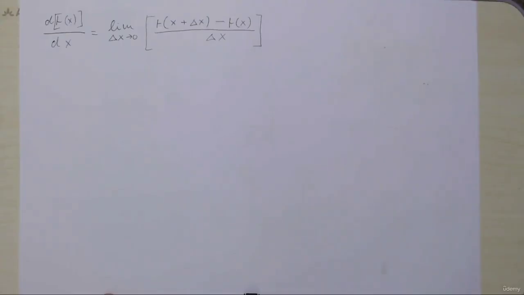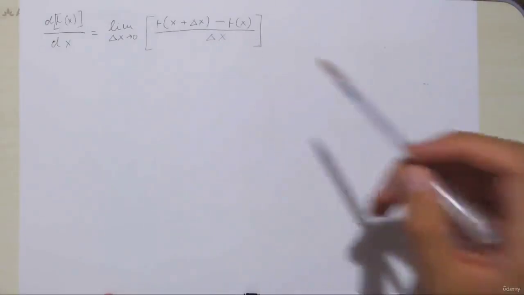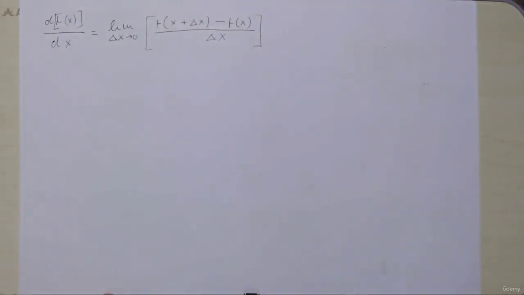We're going to talk about some rules that will enable you to take derivatives of functions faster so that you could avoid taking this limit all the time, and so that you could speed up your derivation process. But before that, I want to very quickly cover differential operators.